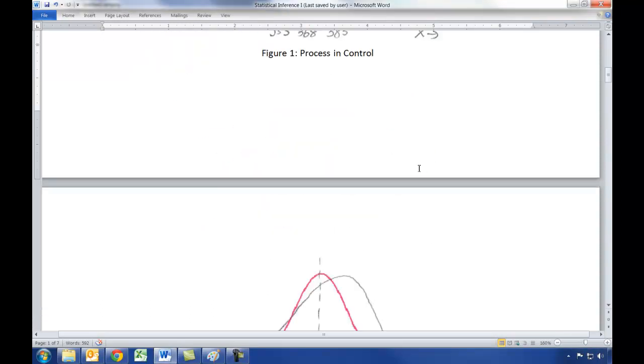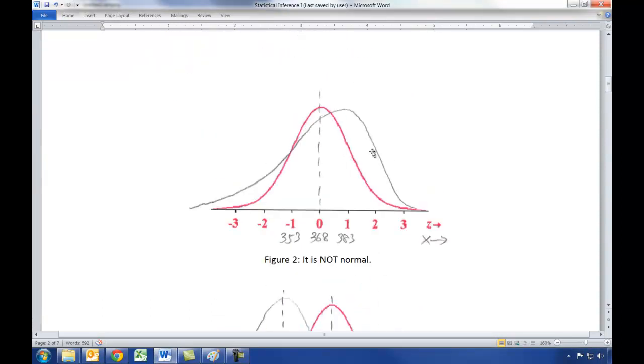Now let's look at the second figure. Again, this is the smooth histogram if we have enough boxes measured. But in this case, in figure 2, we notice the observation is no longer a normal curve because it's skewed to the right.